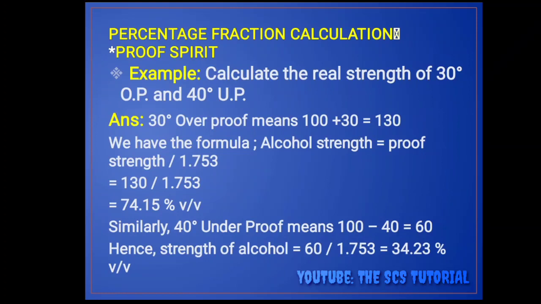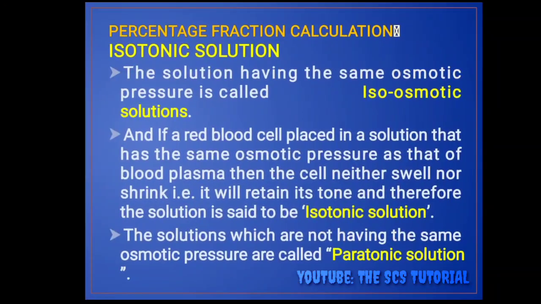Similarly, 40% underproof means 100 minus 40, that is equal to 60. Hence the strength of alcohol is equal to 60 by 1.753, which is equal to 34.25% volume by volume. That means 74.15% volume by volume alcohol is present in the case of 30% overproof, and in the case of 40 degree underproof, the concentration will be 34.23% volume by volume of alcohol present in that solution.